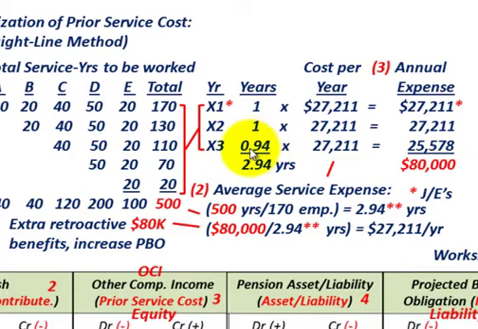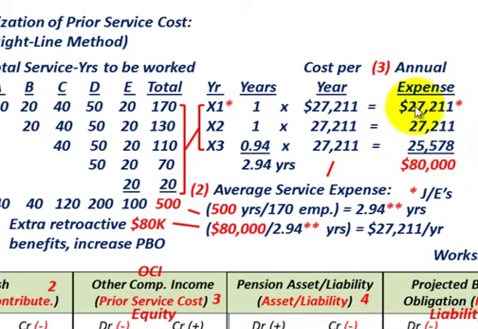But this is where we have to take care of the fractional part of that third year. You've assigned 2 years, so you take the remaining amount, 0.94, times the cost per year, $27,211. You're going to come up with $25,578.